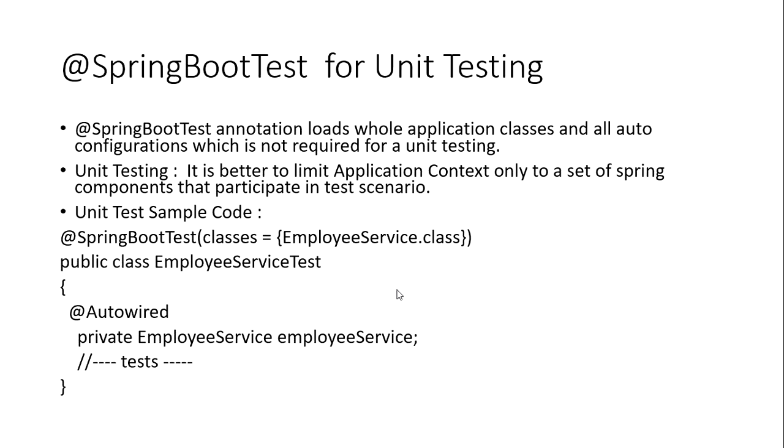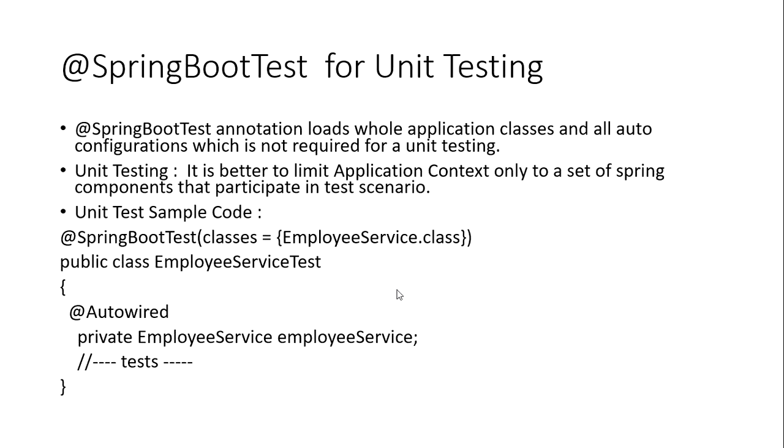In @SpringBootTest, in brackets, for example, you can give something like this: classes equal to, and pass Class1, Class2, Class3. So what it does is, it will scan only those classes whatever you are passing as an attribute to your @SpringBootTest annotation.